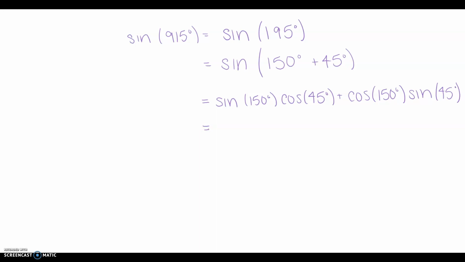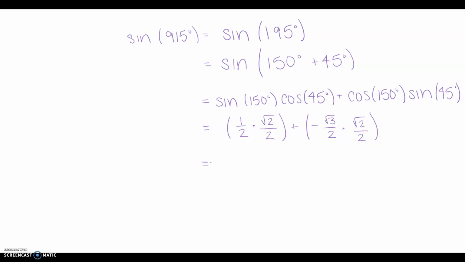Using my unit circle, sine of 150 is positive 1/2. And cosine of 45 is positive root 2 over 2. Cosine of 150 is going to be negative root 3 over 2. And sine of 45 is positive root 2 over 2.